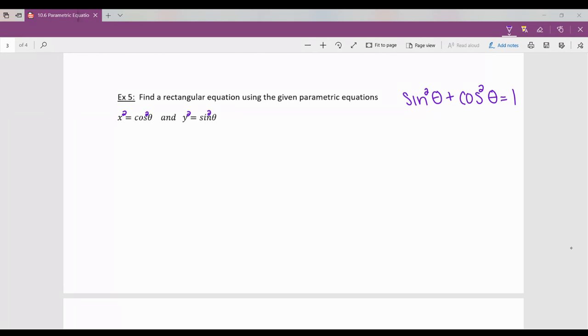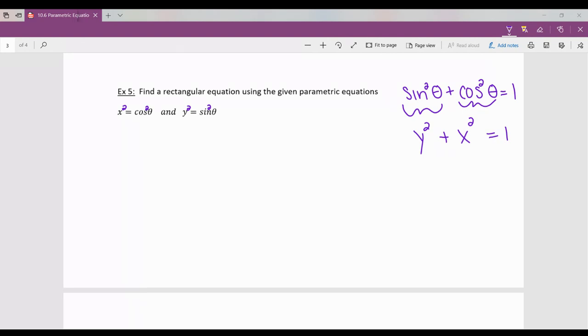So if I have sine squared plus cosine squared, I can write that as y squared plus x squared, and that is all equal to 1. So now there's no more third variable, which is theta. I'm just going to write it as x squared plus y squared equals 1. And that is a circle.